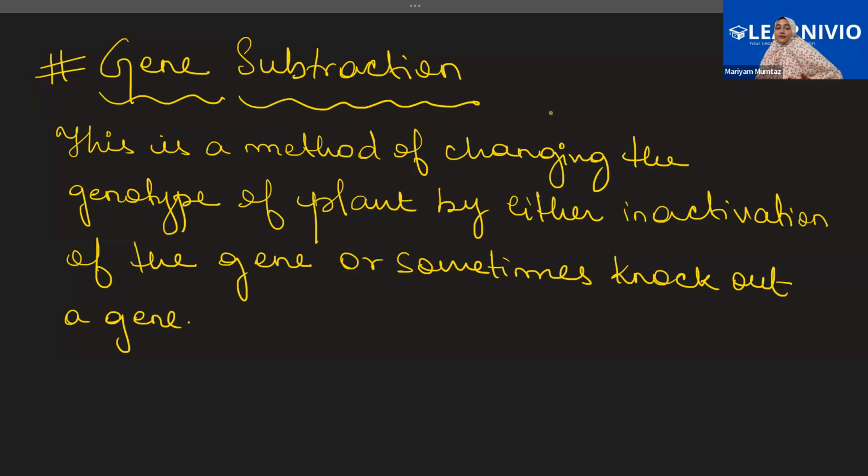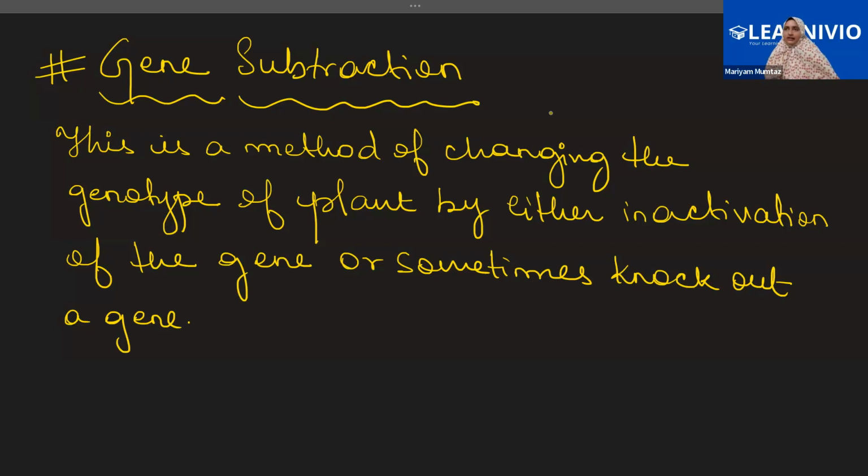Phenotype means the external, physical appearance, and it is coded by the genotype. The question was, what is a genotype? The genetic sequence, the genetic characters, or the genetic makeup of the organism.